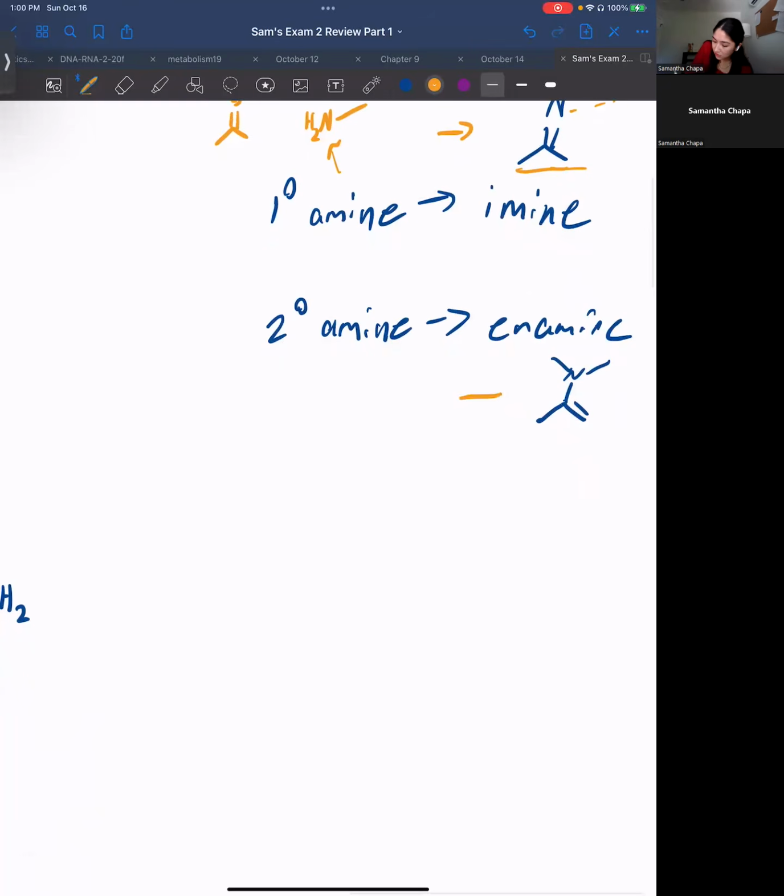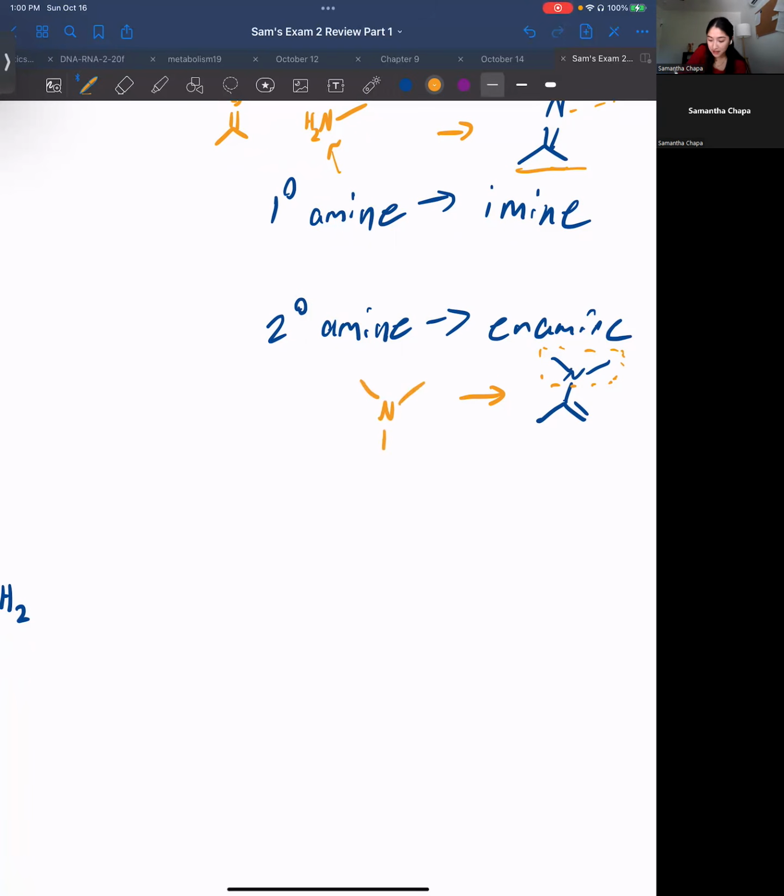And to make this one right here, I'm going to use a secondary amine, and you should notice that the two R groups that are away from the carbon double bond are going to be the groups that are on your amine.